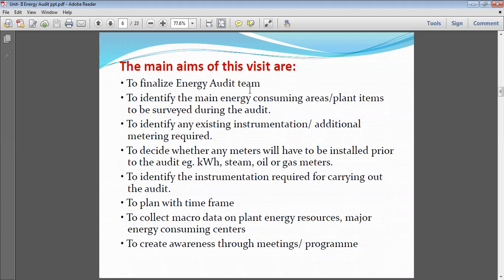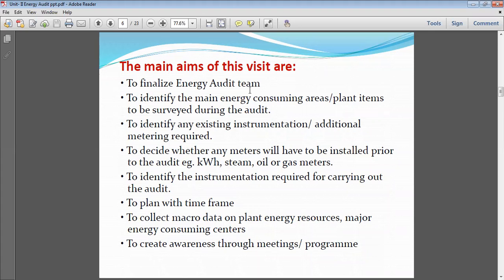So in this case, we have to identify what new meters have to be installed, because in the existing system some indicating type instruments are there. Say a temperature indicator, maybe a voltmeter, an ammeter, or even a wattmeter, but that wattmeter is connected to an entire section of the industry.